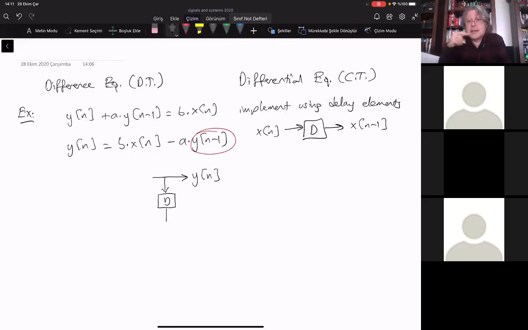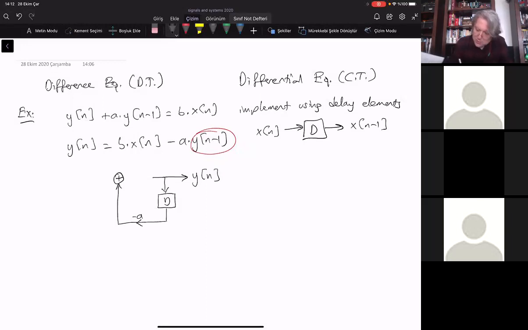And as you see, the output of that delay is y of n minus 1. So I get it. And then what further things can I do? I can multiply it with minus a. It's just a number, so I use a multiplication. And this is the notation that we are going to use. Over a path arrow, we just indicate the scale. It's minus a, for example, which is the scale. So this is one of the components that I will have.